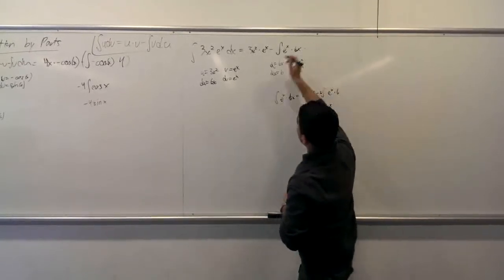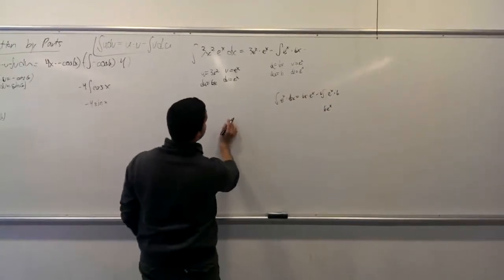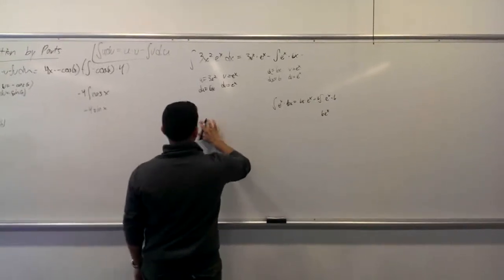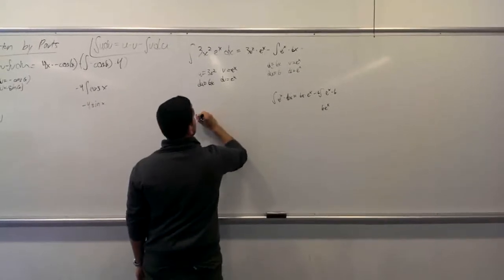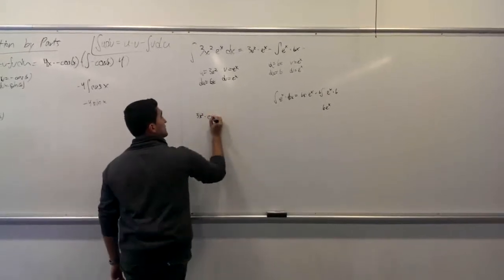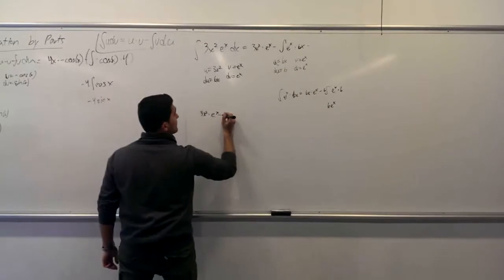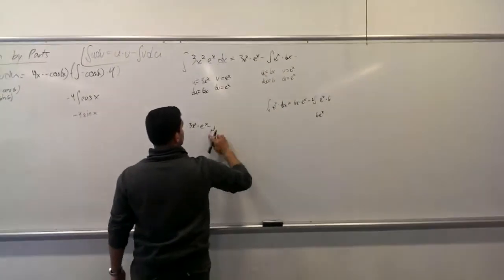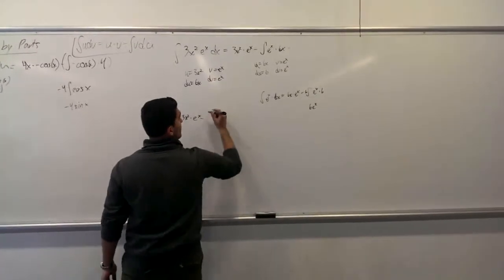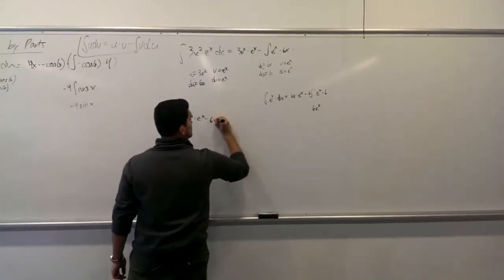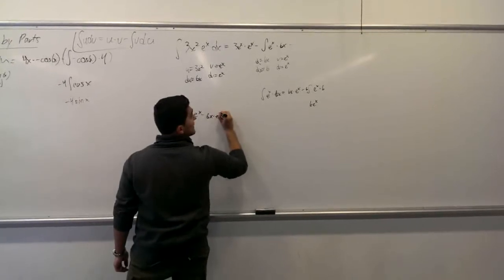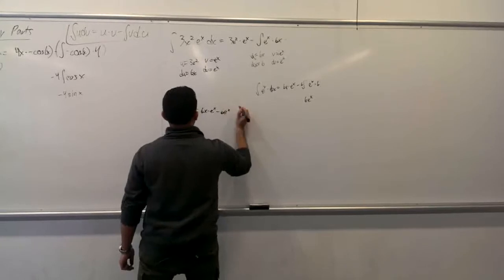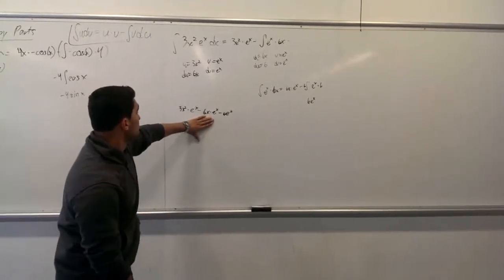Take this back to the formula over here, and you're going to get 3x squared times e to the x minus, you're not putting this, you're putting this instead: 6x times e to the x minus 6e^x. So this is your solution right here, but you can simplify.